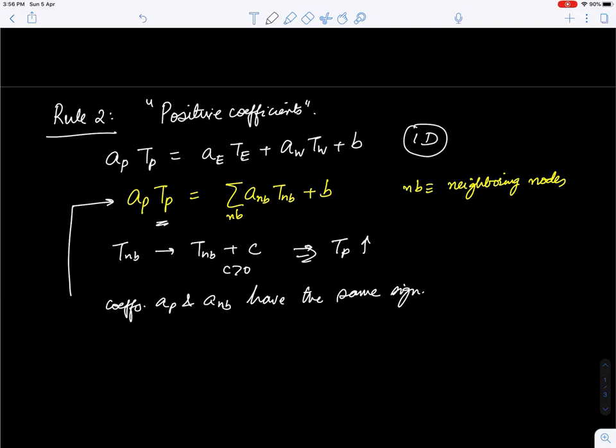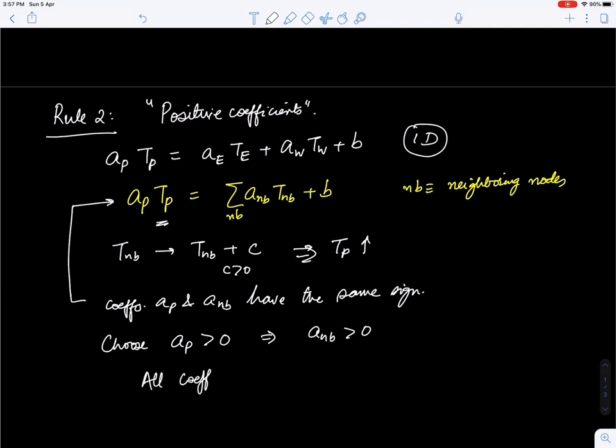So what we'll do in this class, and it is the terminology even used in Patankar's book, is that you choose to write the governing equation in such a way that AP is always greater than 0, which means that since AP is greater than 0, ANB should also be greater than 0. So we will try and write our equations in such a way that these coefficients are always positive.